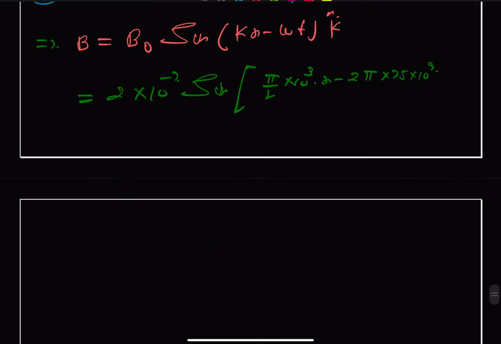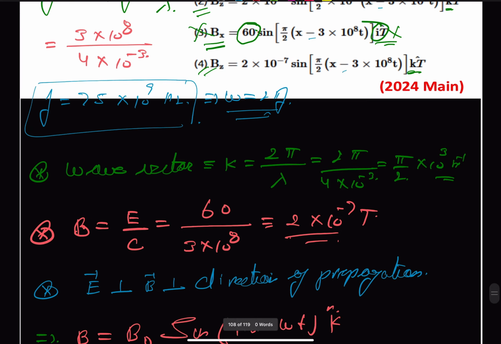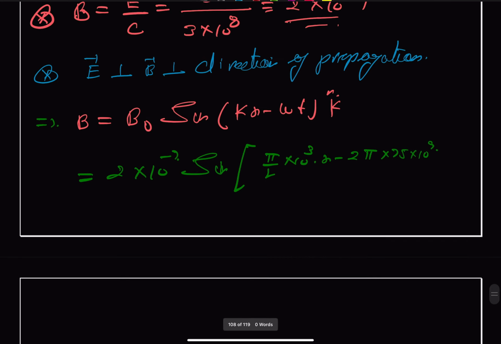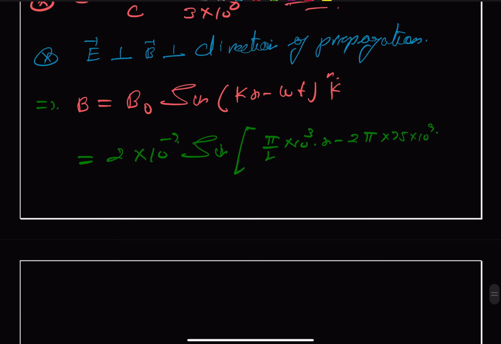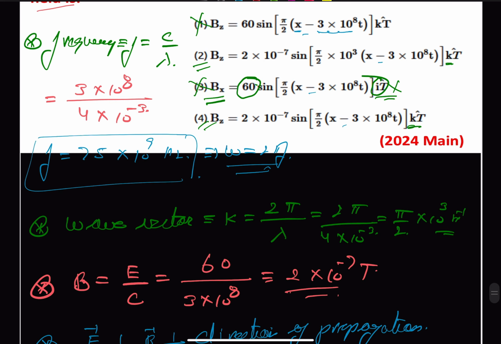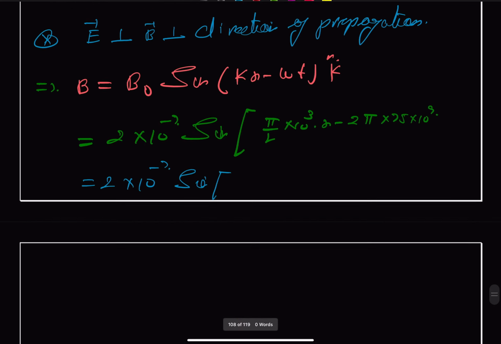So according to the given equations, we can modify it and write this as 2 into 10 to the power minus 7 sine of, and pi by 2 is common, so we can take pi by 2 as common.